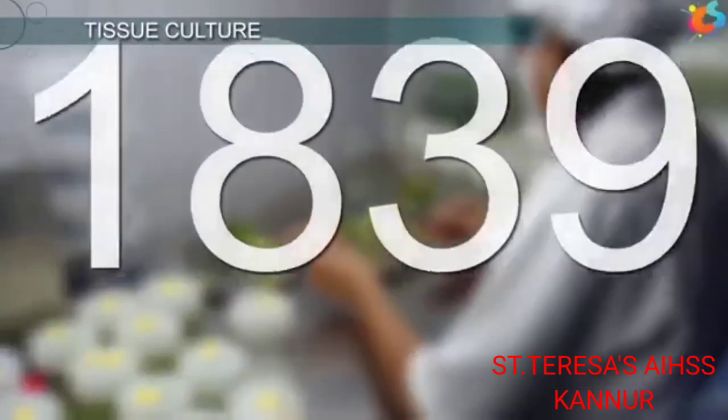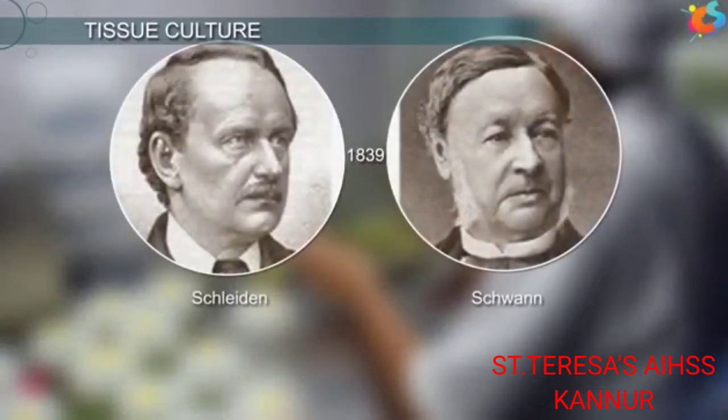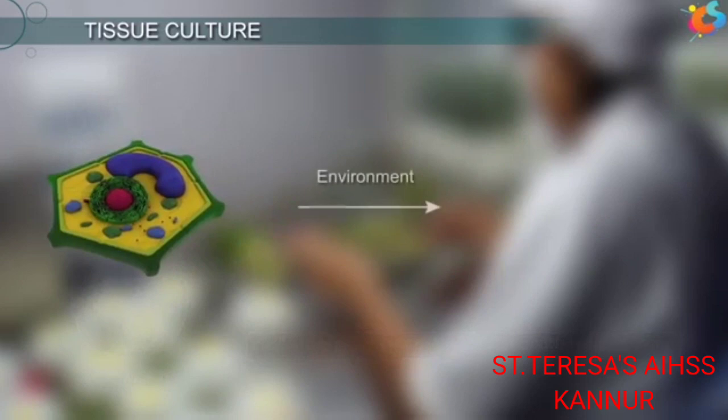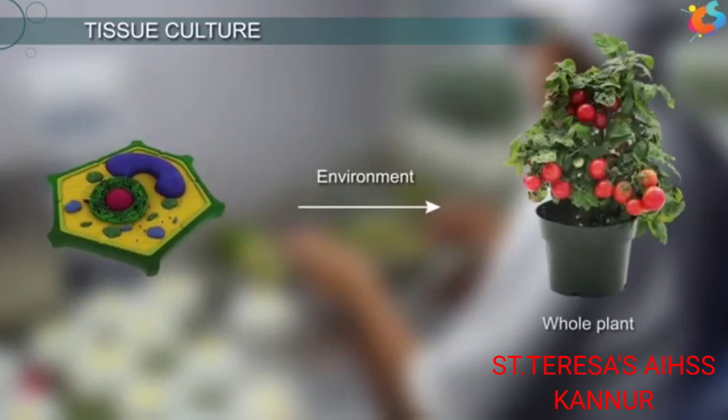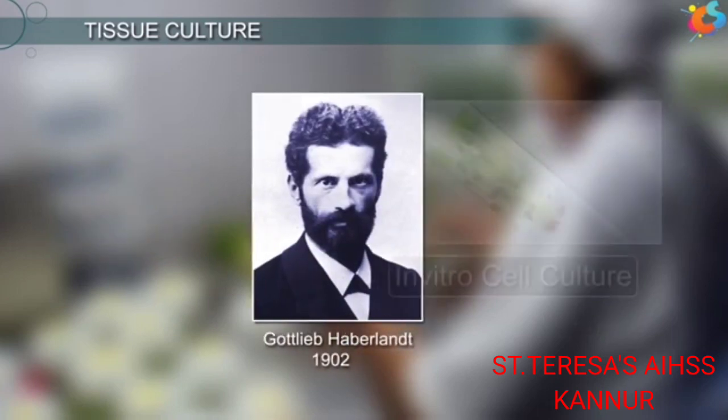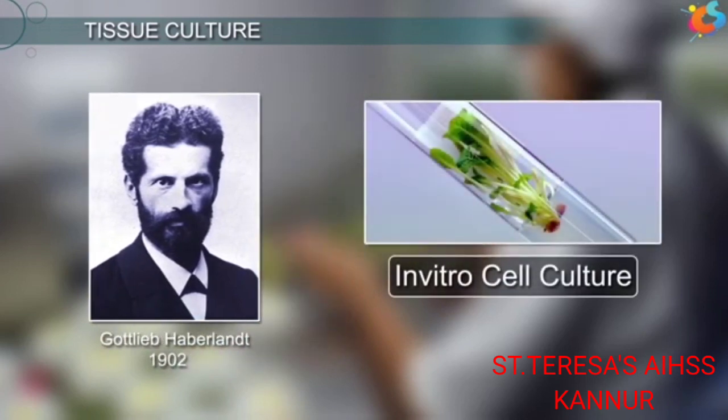In 1839, Schleiden and Schwann proposed that the cell is the basic unit of life and is capable of autonomy. Each cell, if given an environment, is capable of regenerating into a whole plant. Based on this theory, a German physiologist, Gottlieb Haberlandt, in 1902 developed the concept of in vitro cell culture, also called tissue culture.